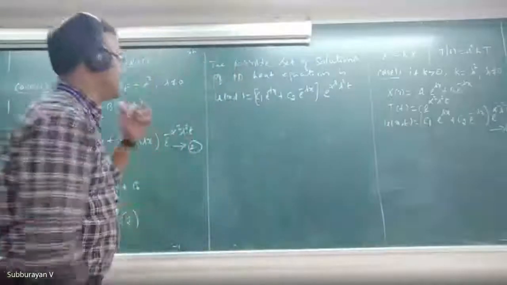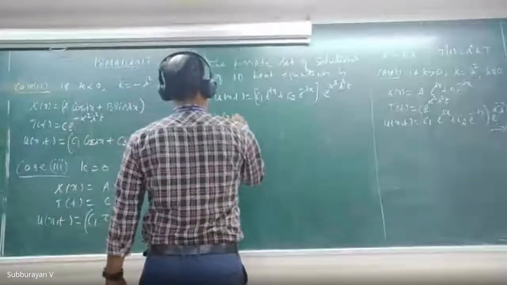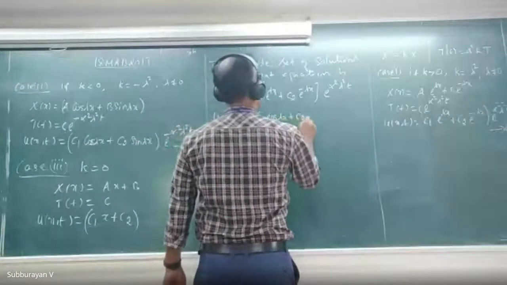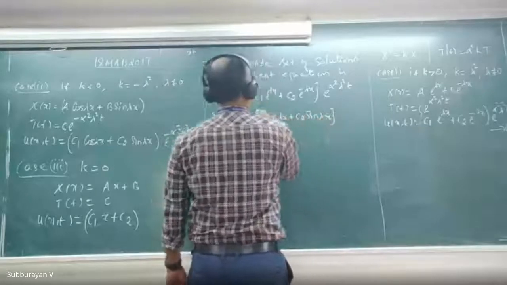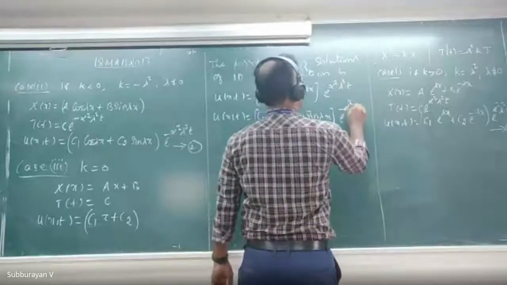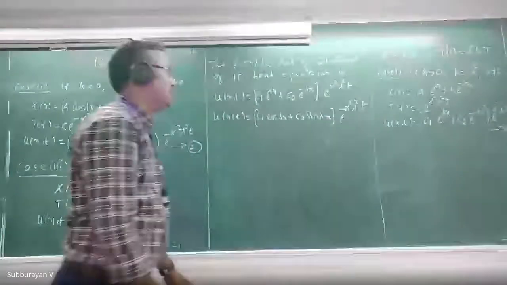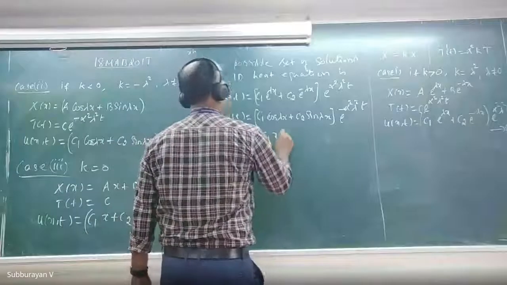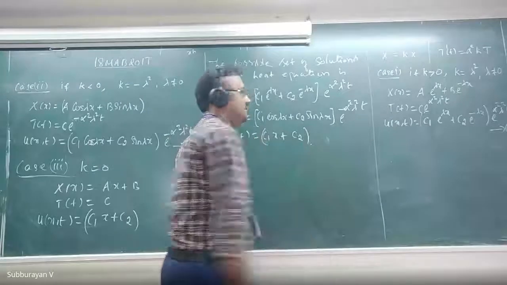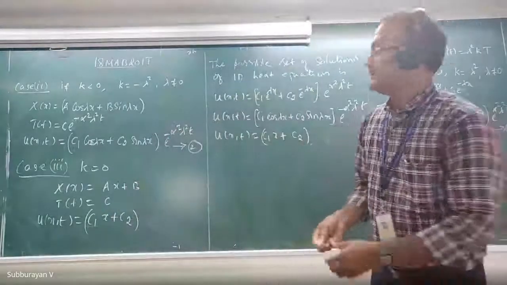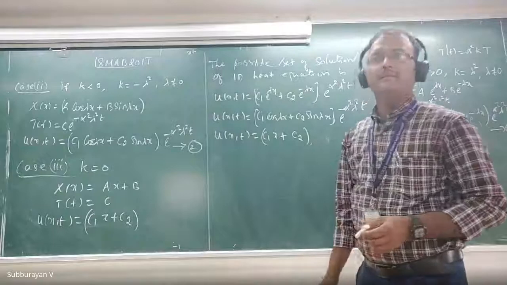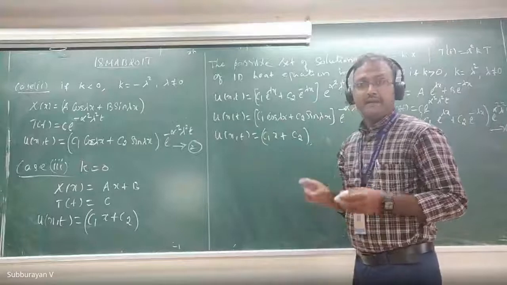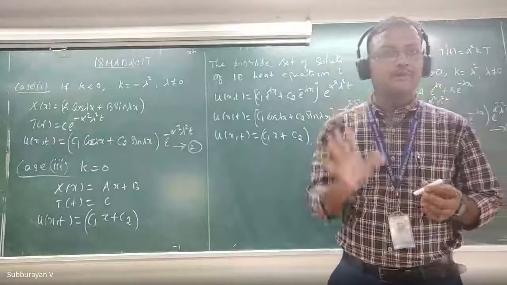So this is the first solution. The second solution is u of x comma t equal to (c1 cos lambda x plus c2 sin lambda x) into e to the power minus alpha square lambda square t. Then the third solution is u of x comma t equal to (c1x plus c1) into c2. See, there are three possible sets of solutions. Among them, we have to choose the suitable solution.